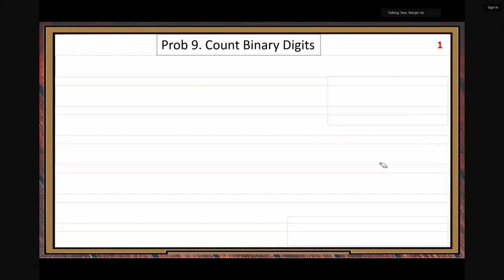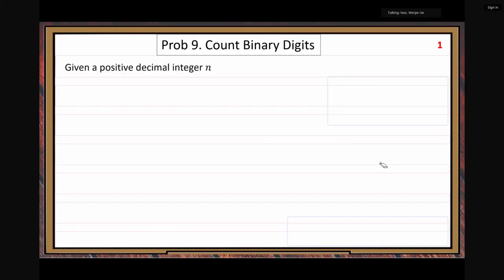Because to count the number of binary digits, you can convert it to binary format, then count the binary digits easily, right? So it's not hard. But here we want to use the recursive way to solve this problem.